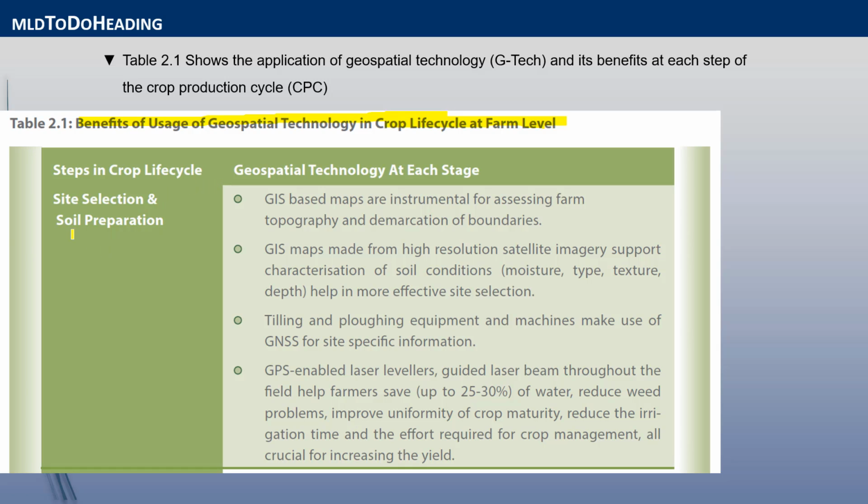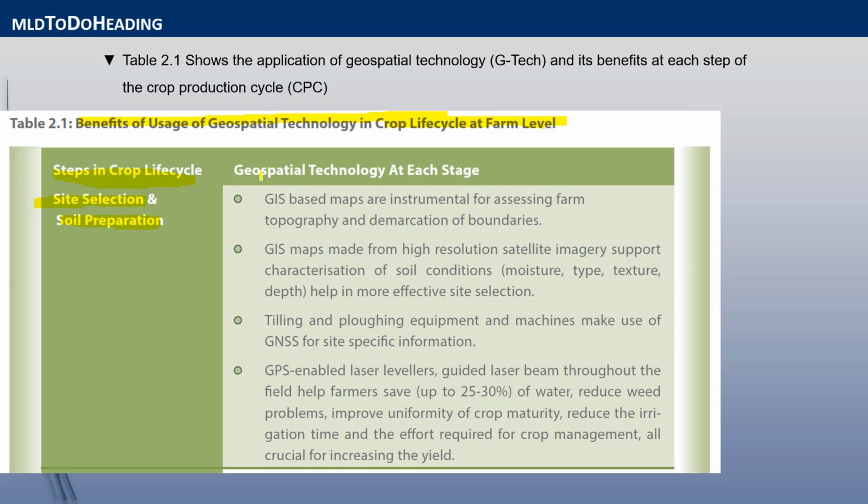So let's see the steps in the crop life cycle, that is site selection and soil preparation. These are the first steps. If I want to cultivate some kind of crop, I have to select the best site for its plantation, and I need to prepare the soil.